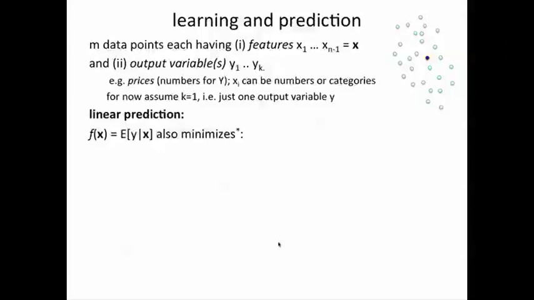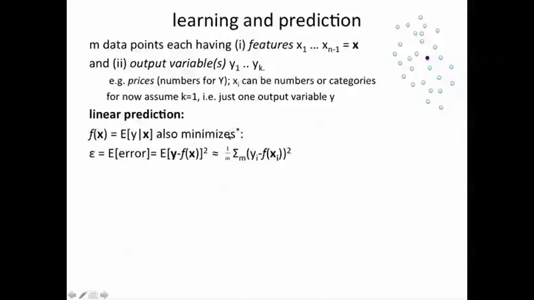It turns out, and this is very important for linear prediction, that the function f of x, which we are so familiar with from our previous lectures, also minimizes the error between the predicted y and f of x. In particular, it minimizes the expected sum of squares of this error.